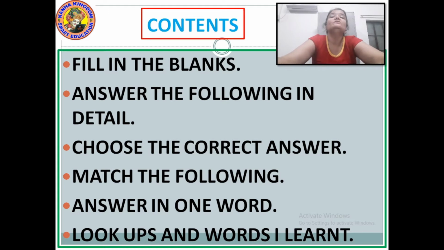These are all the exercises we are going to see: fill in the blanks, answer the following in detail, choose the correct answers, match the following, answer in one word, lookups and words I learned. So let's move to our first exercise, that is fill in the blanks.